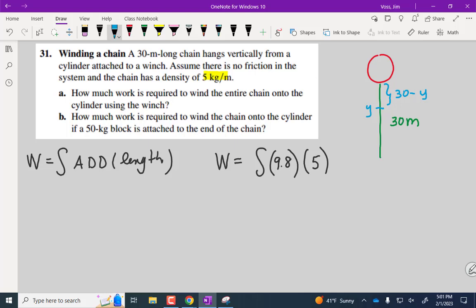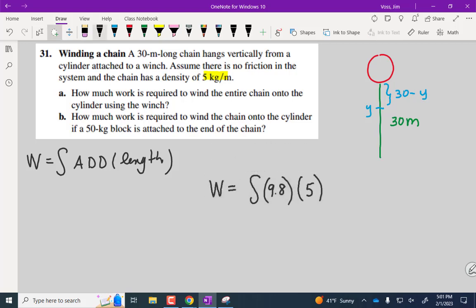So the distance traveled is 30 minus y, and that goes here in our ADD. And what do we put in for length? Just dy. And then this is going to go from 0 to 30. So that'll be our work.